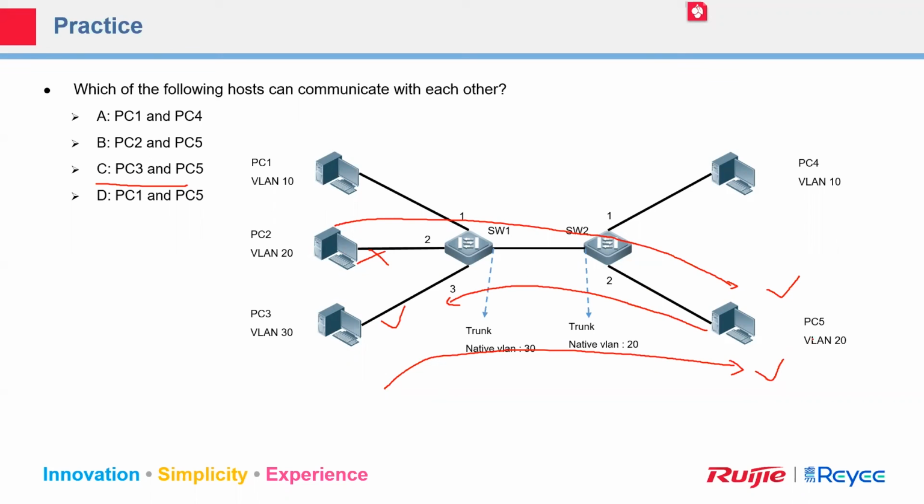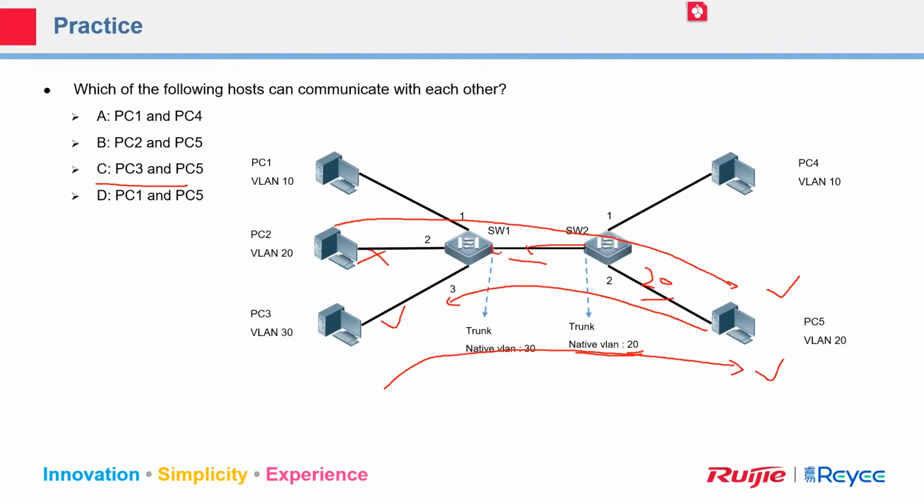Okay. So why, when PC5 sends a message, can only PC3 receive it, although they have different VLANs, right? PC5 sends a message to PC2. We will add VLAN 20. When the switch sends the packets out, I will compare our native VLAN with the tag VLAN. We will find the VLAN is the same. If the VLAN is the same, we will delete the tag. So on the link, we will send out the packets without any tag information.